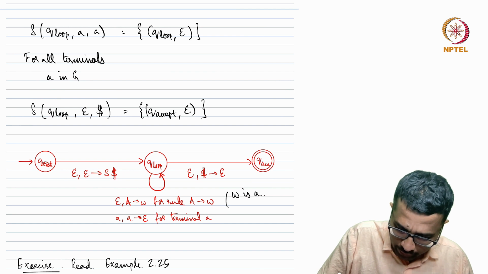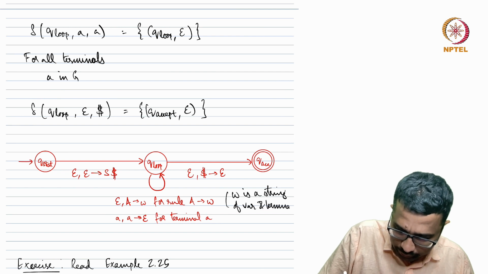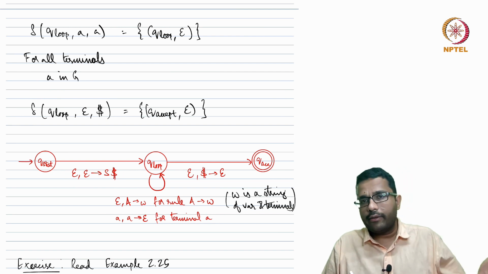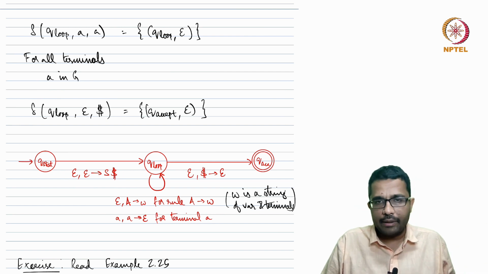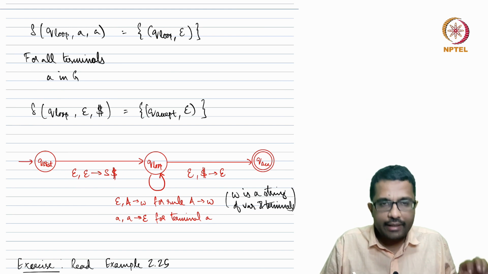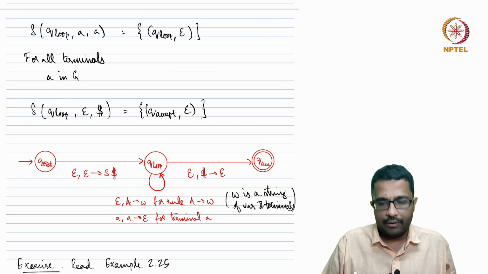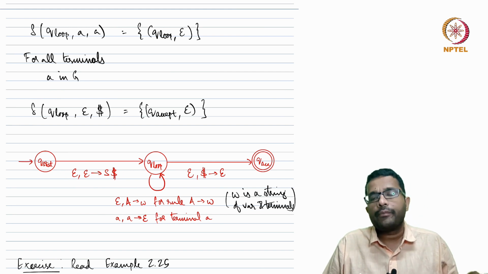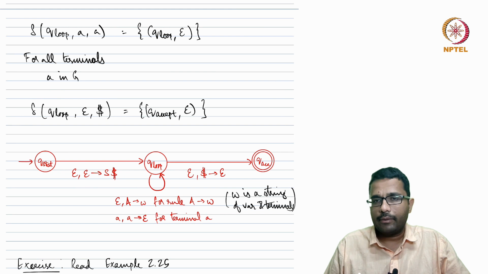W is a string of variables and terminals, right? And so however many rules you have, that many such transition rules are here. And for each terminal in the grammar, you have a rule where you read that terminal A from the input and you pop that terminal A from the top of the stack.